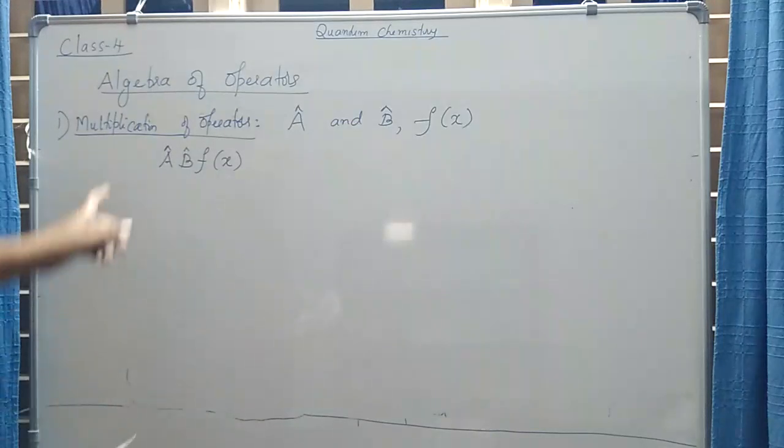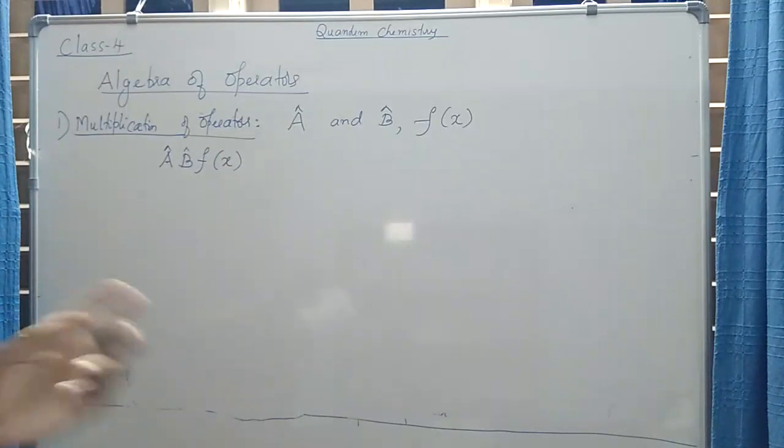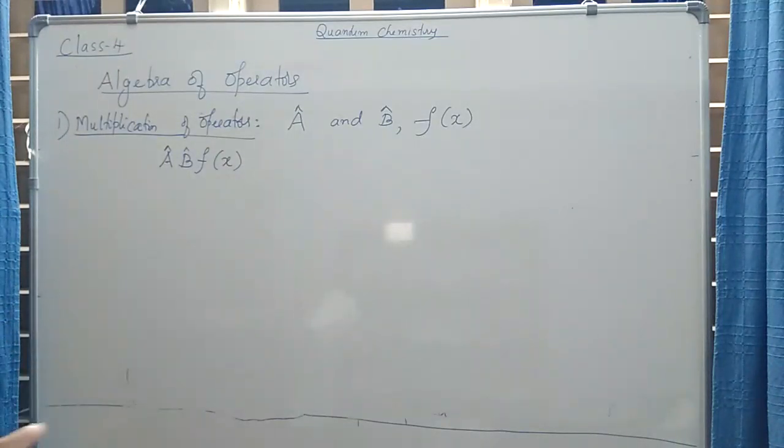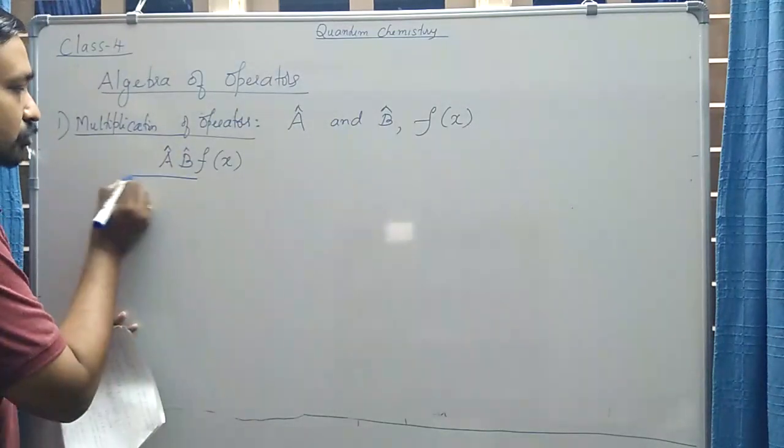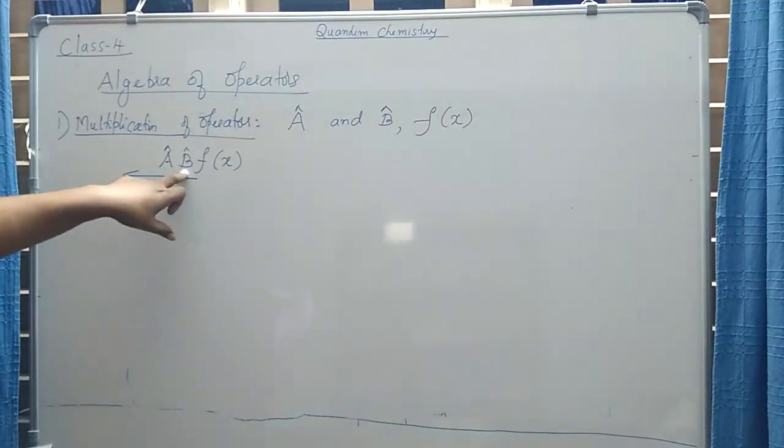So what do you mean by (A into B) of f of x? First you apply one of the operators on the function, followed by the second operator, but the sequence in which you have to apply them is what you must remember. The sequence of application is from right to left. In this case, which is the operator in the rightmost corner?